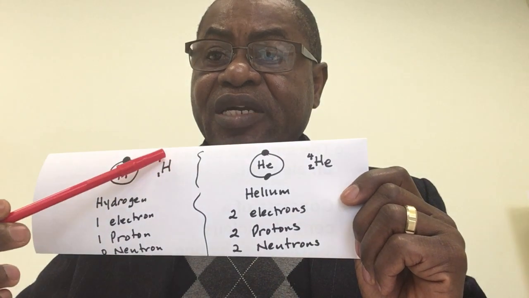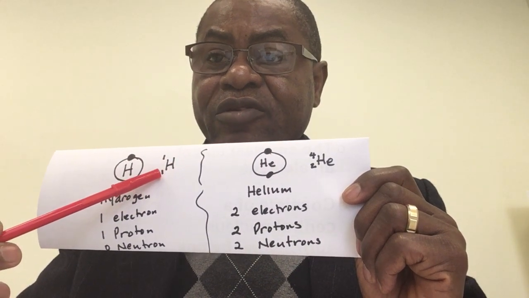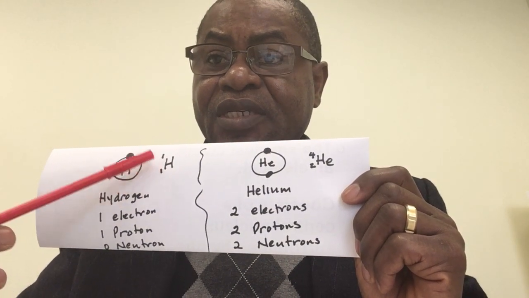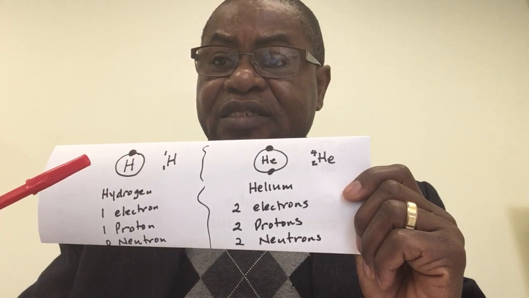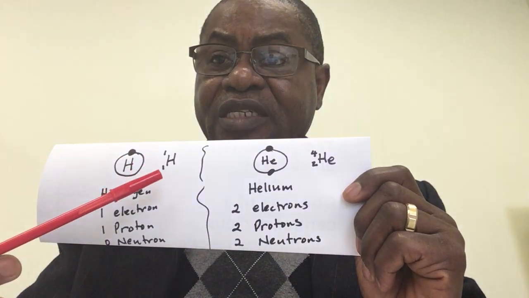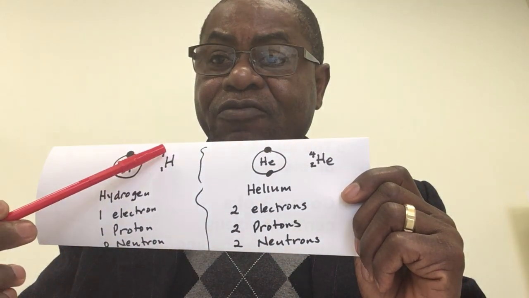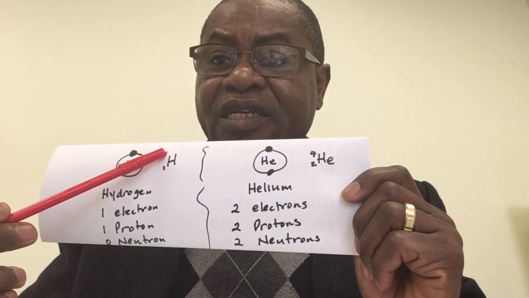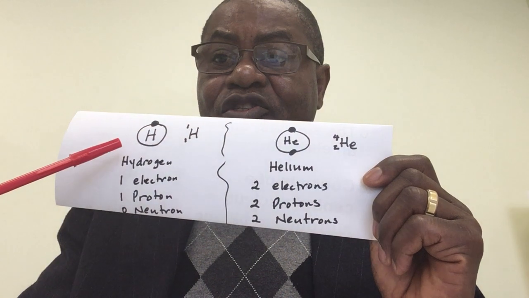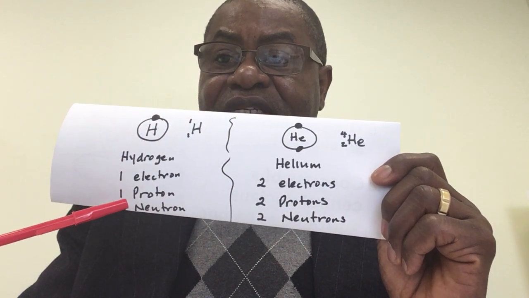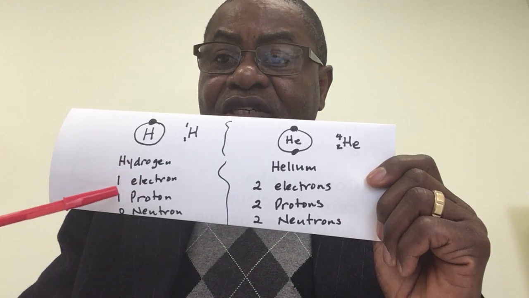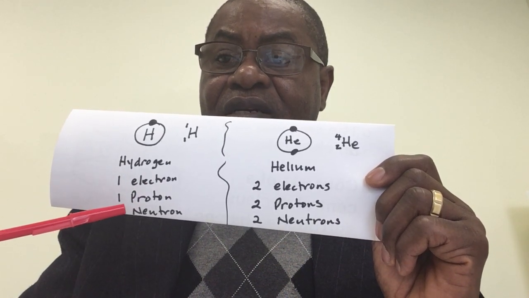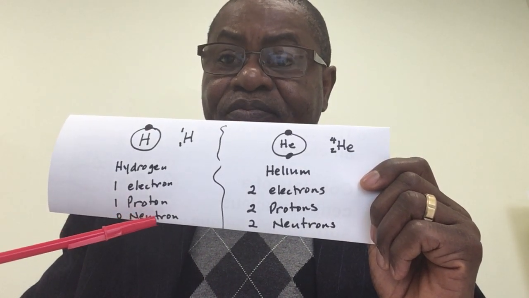And what we cannot see here is the number of neutrons. The neutron is actually calculated. So you would have to subtract the atomic number from the atomic mass. In that case, neutron is not present in hydrogen. So we have 1 electron in hydrogen, 1 proton in hydrogen, and 0 neutrons.